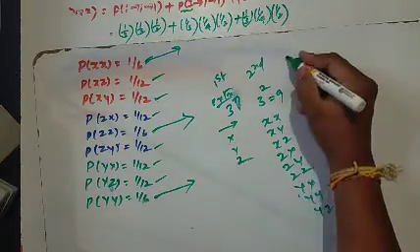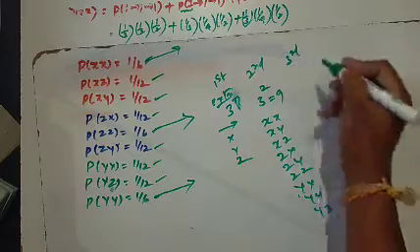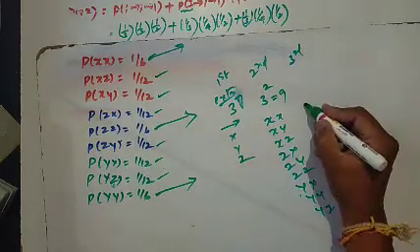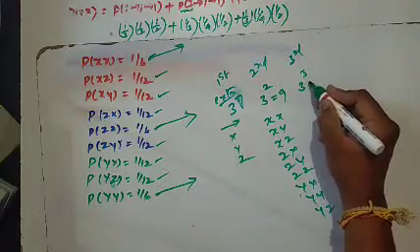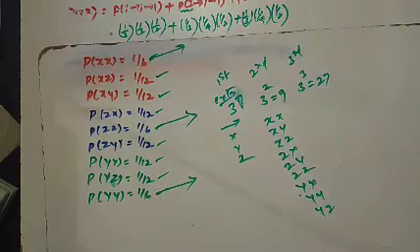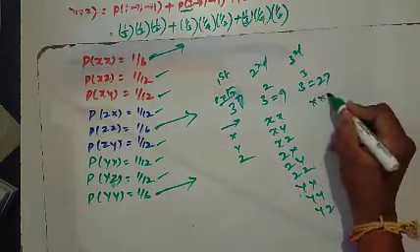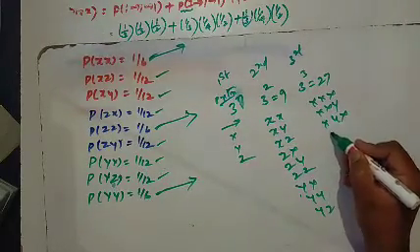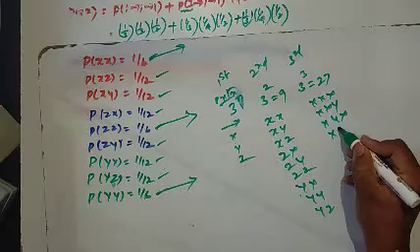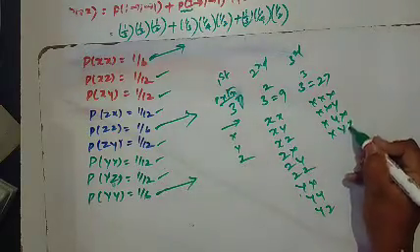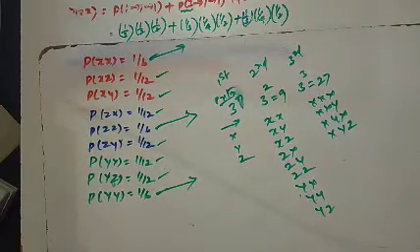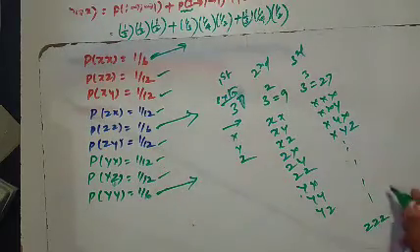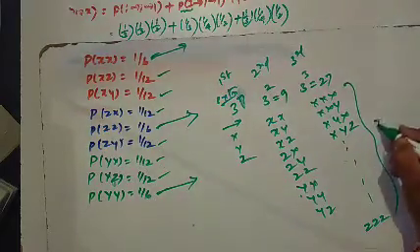If I transmit these symbols again for a third extension, we will have 3 to the power of 3, that becomes 27, that is xxx, xxy, xyx, and xyz, and so on up to zzz. 27 symbols will occur.